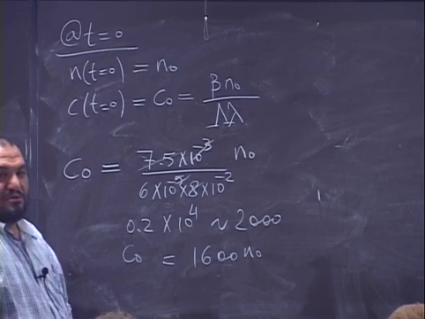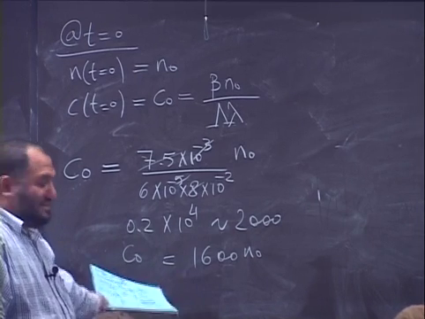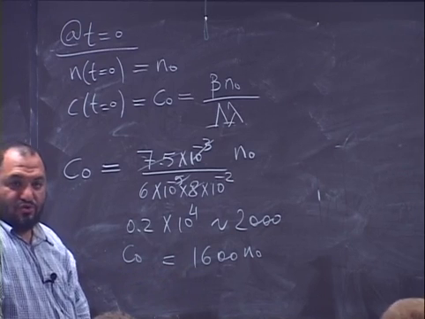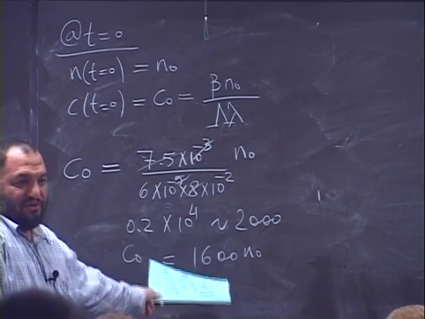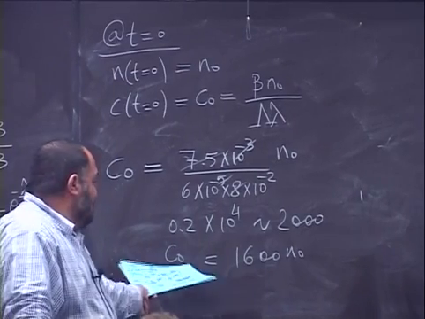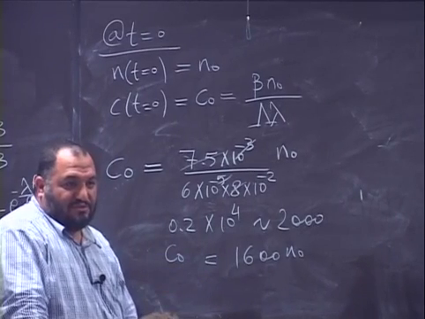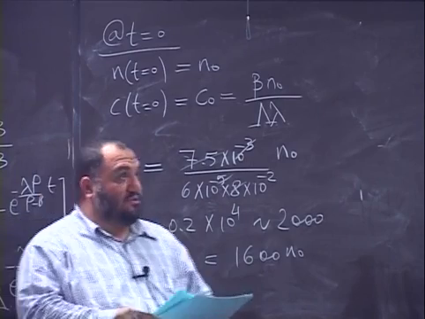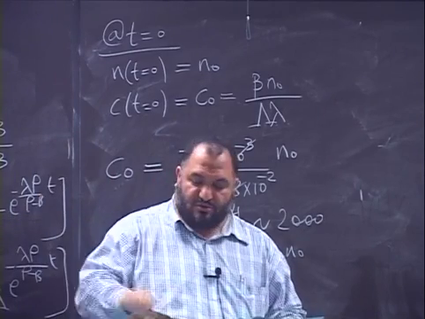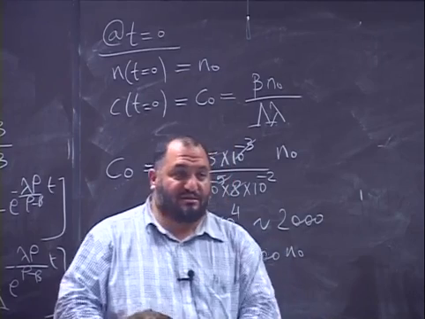Sorry. So what this tells you is inside your core, if you start at t equal to 0, you have an initial number of neutrons, and you will have a very high number of what? Delayed neutron precursors inside your what? Inside your core. Okay, guys?